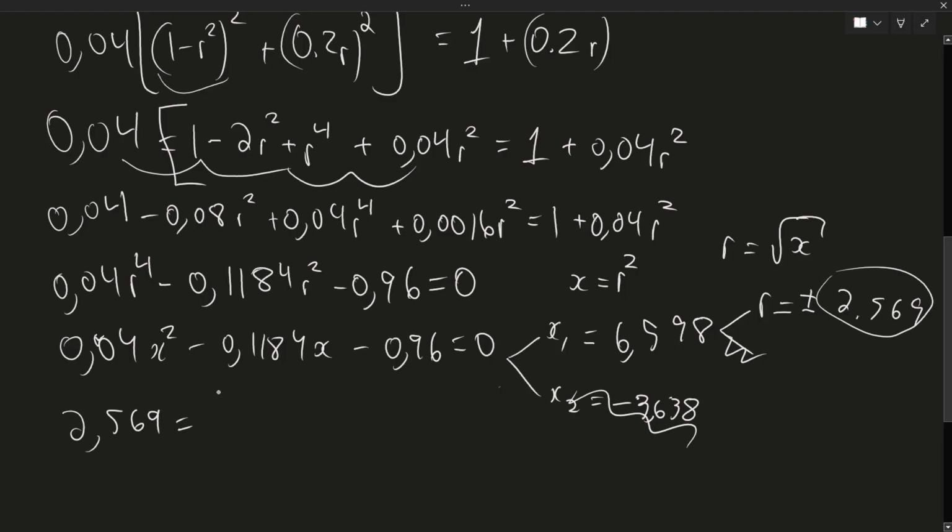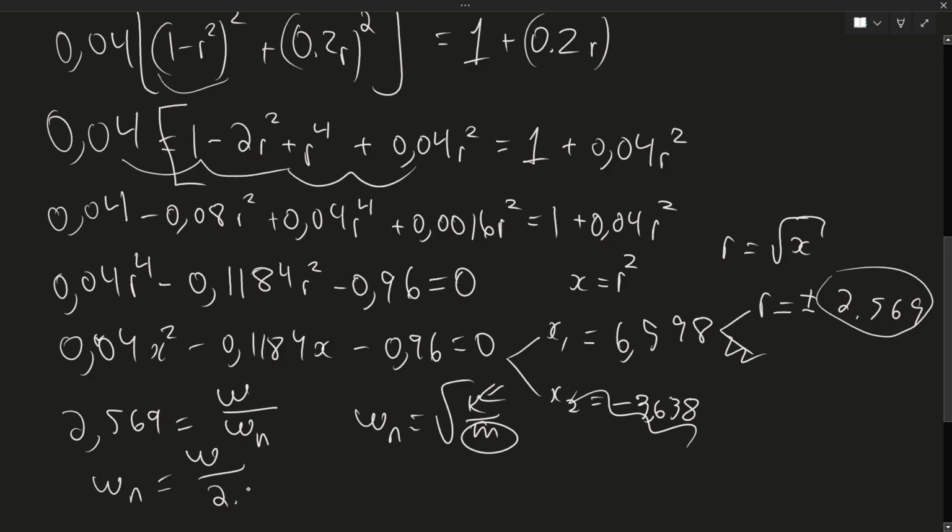2.569 equals omega over the natural frequency of the system. The natural frequency of the system is the square root of k over m. We have m, it's already given. We just have to find the k for the rubber pads. Okay, so omega n is equal to omega divided by 2.569.